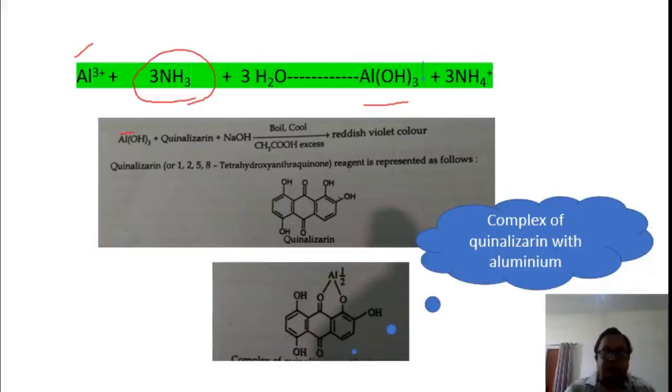This aluminium hydroxide forms a complex with quinalizarin in the presence of sodium hydroxide, and the color of this complex is reddish violet. This is the structure of the complex of quinalizarin with aluminium.